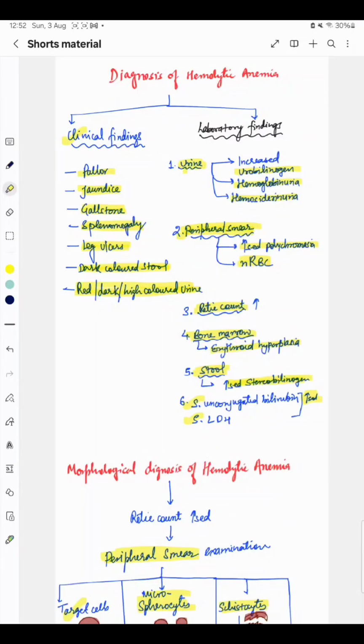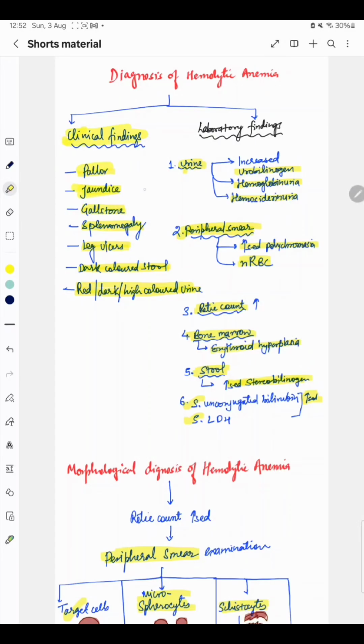Now we will see the diagnosis of hemolytic anemia. As hemolytic anemia is a very broad category of anemias, it needs a separate description. So first are the clinical findings. What are the clinical findings indicative of hemolytic anemia?